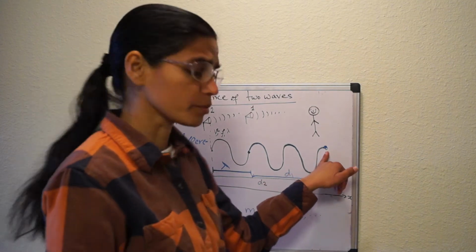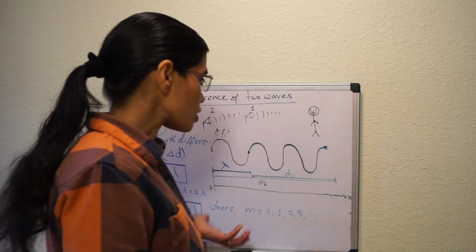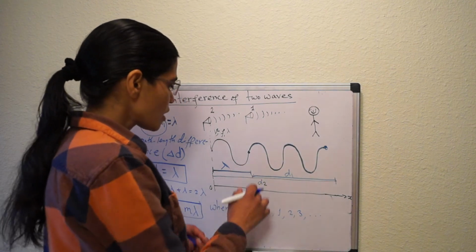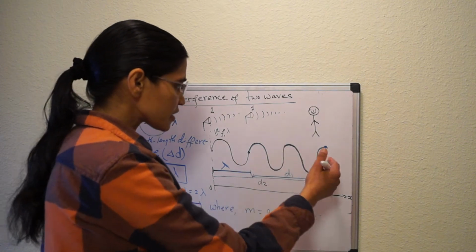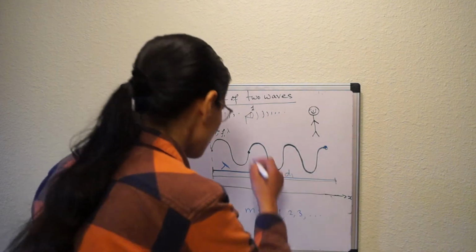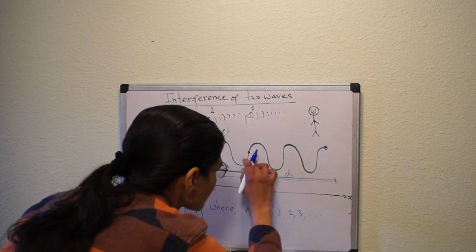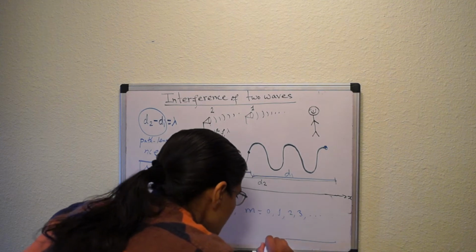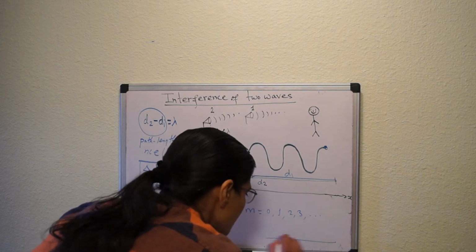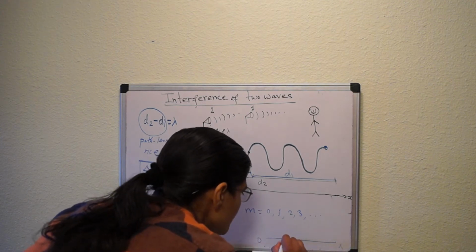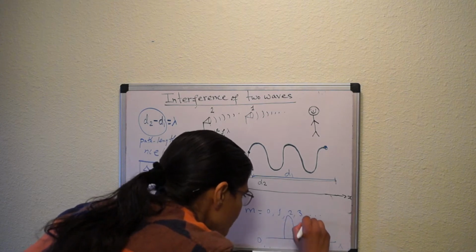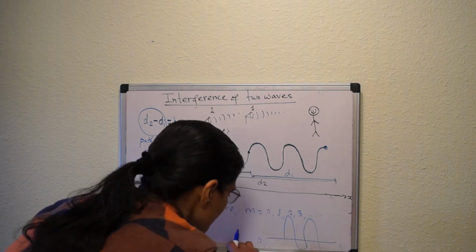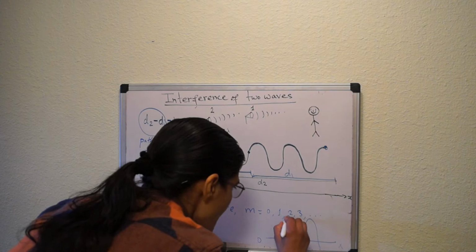Whatever you hear will be there now because they are going through constructive interference, which means the resultant wave you are hearing here is, I could draw it here. I'm not going to draw everything, but just a rough sketch, okay? Here you have X, this is origin, then you have something like a bigger wave with the high amplitude, okay?